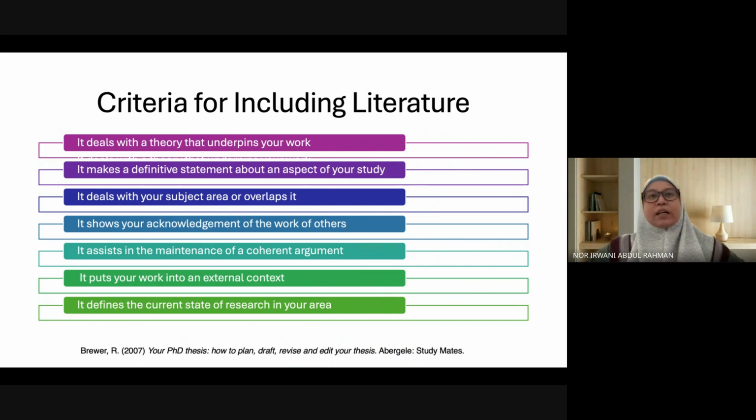Commitment and trust theory: just a brief antecedents and consequences. So what else? It assists you in maintaining coherence and the alignment of your argument.